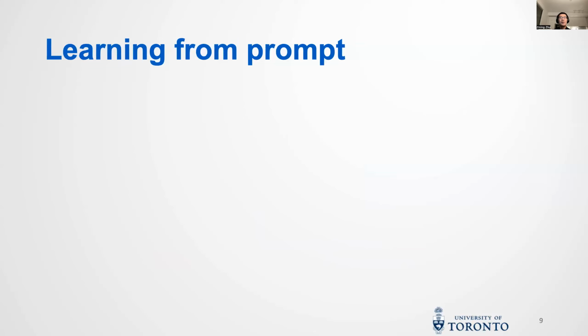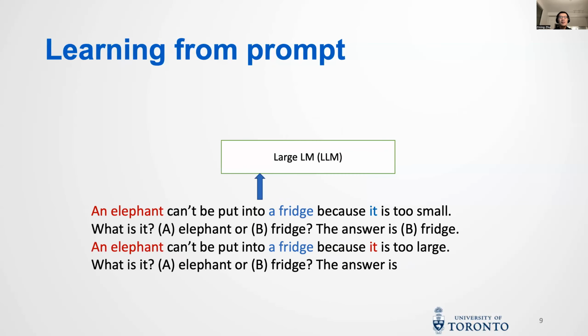There are a lot of methods to improve the performance of a prompt-based system. This slide shows a method, learning by demonstration. So in the prompt, before you ask the question, you give a demonstration. It's like providing an example to the student.